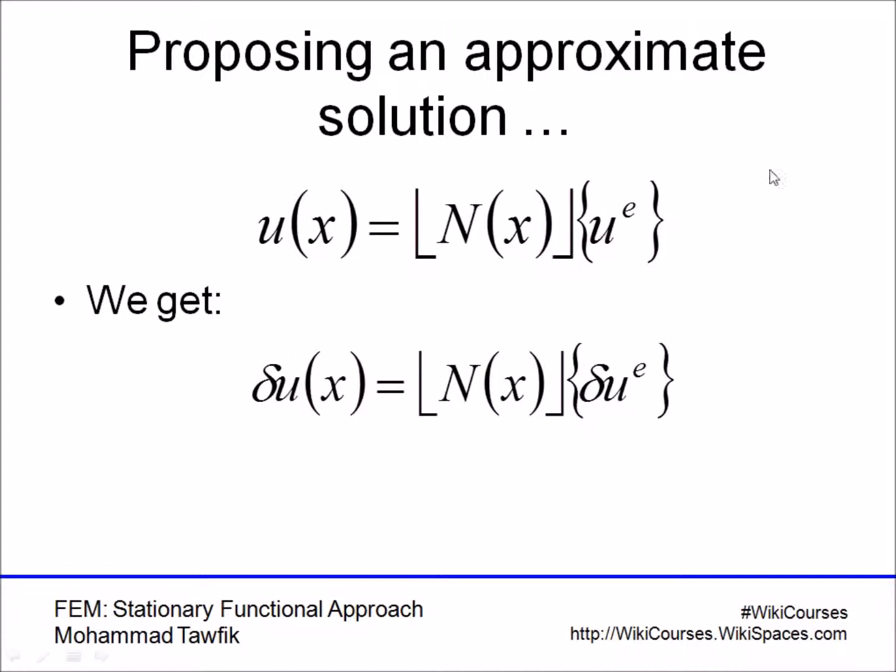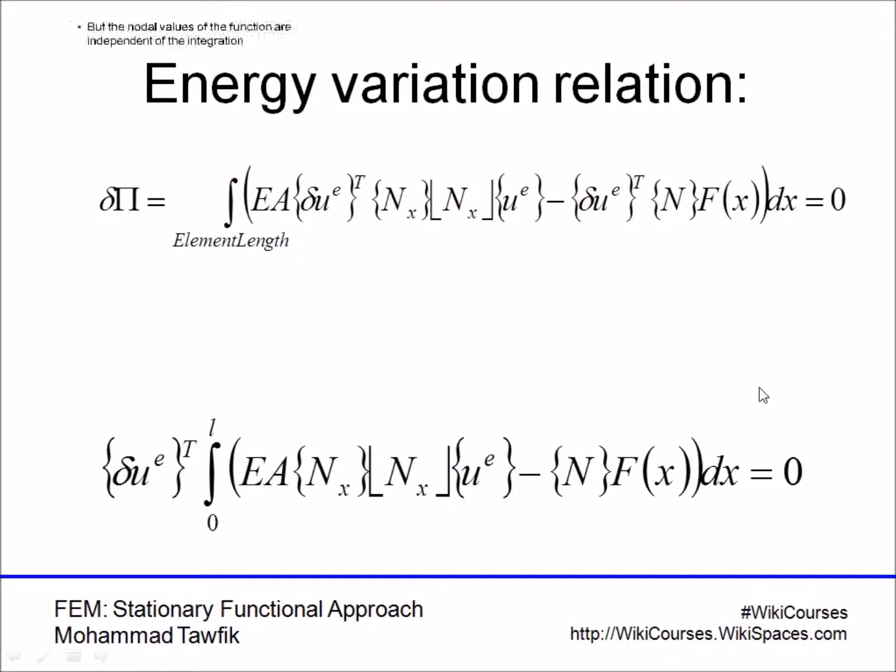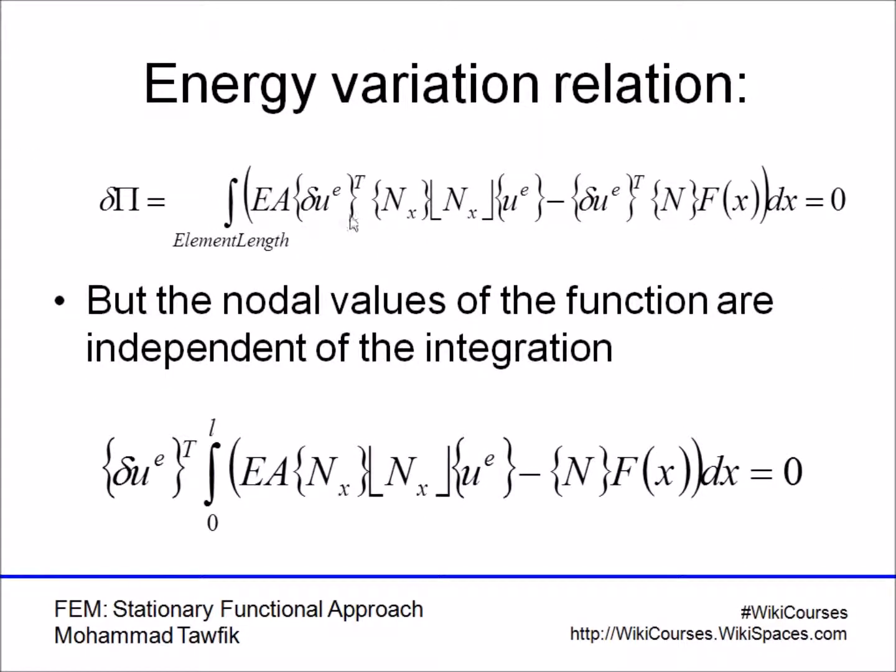Let's use u and the variation of u in the weak form. Here, I removed the variation of u and u and replaced them with the interpolation functions or the shape functions multiplied by the nodal deflections.